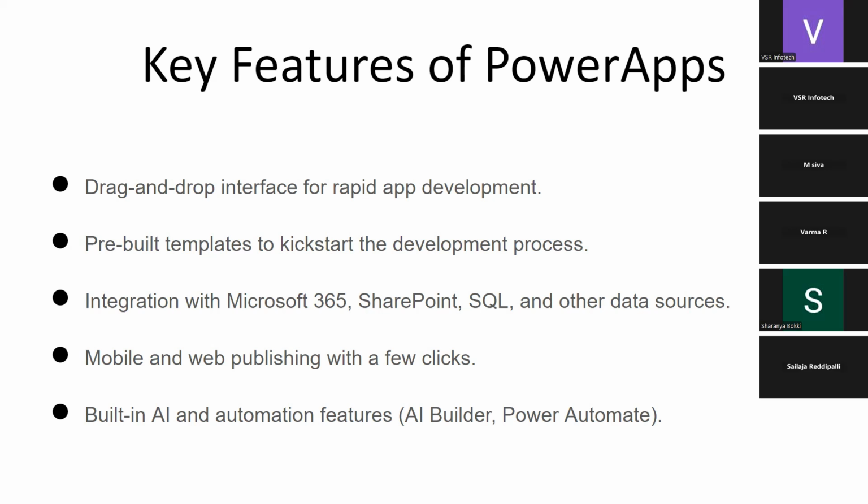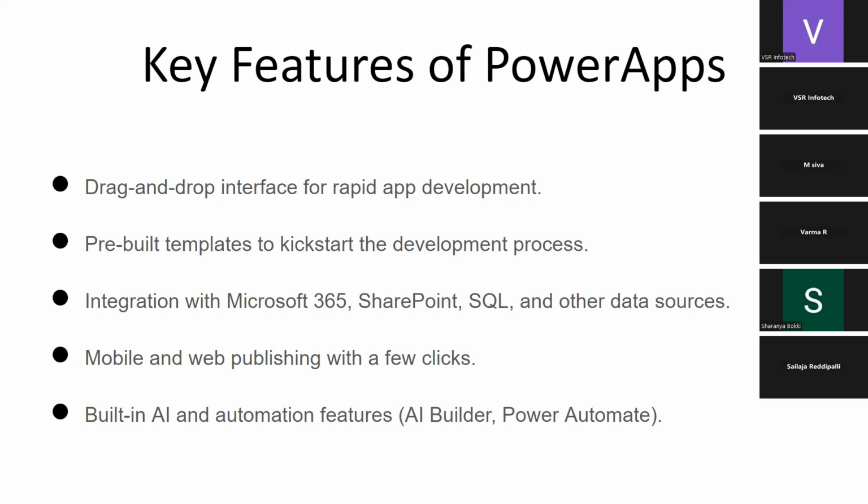So you would need to write something if you are doing a normal coding job, you would need to write something in order to execute a particular function. But here you have the ease of dragging and dropping stuff into your interface that helps in rapid app development.